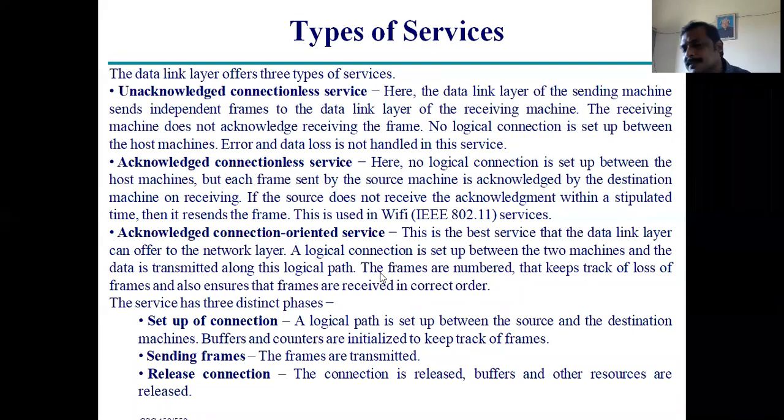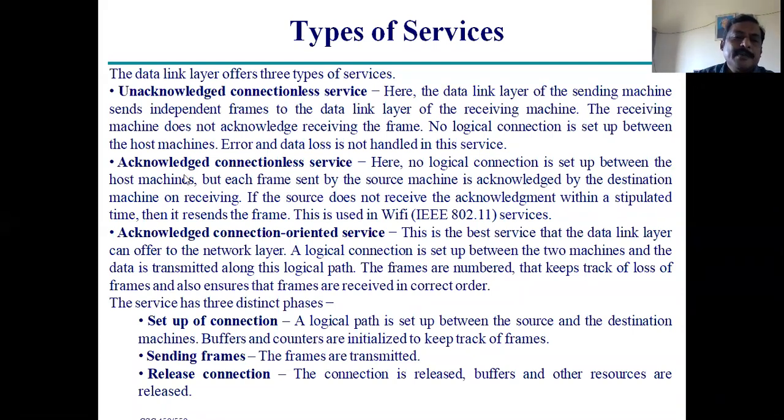This is guaranteed and reliable information. So there is a connection established before transmitting any kind of frames or packets. Next, after a frame or packet is received successfully by the receiver, the received frame information is transmitted to the sender.